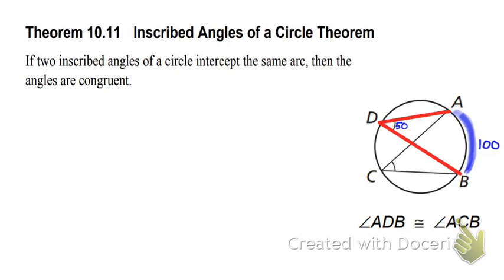But if you look at angle C, it intercepts exactly the same arc, arc AB. So it will also turn out to be 50 degrees. You didn't even need to think about calculating that one. If you can see that they both intercept the same arc, you know they have to turn out to be the same. So you should be able to just look at that and know that they are both 50 degrees.